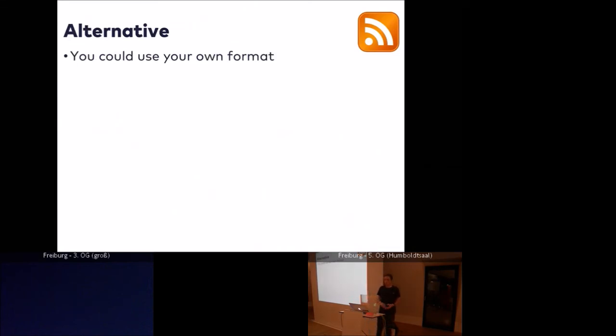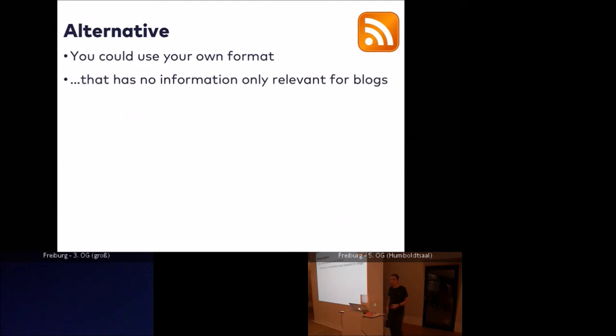And usually, I'm not a huge fan of inventing my own stuff, but in this case, it's so easy that I would probably do it, in particular because Atom has a lot of information, like author, for example, that really doesn't make a lot of sense if you talk about orders. It really does only make sense if you talk about blogs or podcasts. However, an Atom reader couldn't read your format then, but I don't really care.